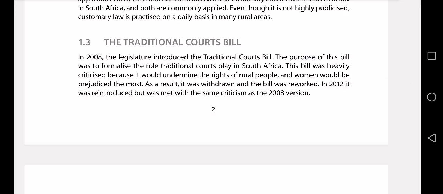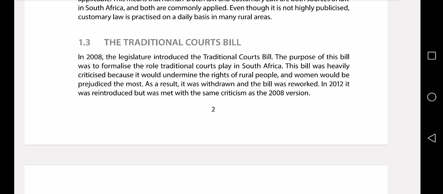The Traditional Courts Bill. In 2008, the legislature introduced the Traditional Courts Bill. The purpose of this bill was to formalize the role that traditional courts play in South Africa.